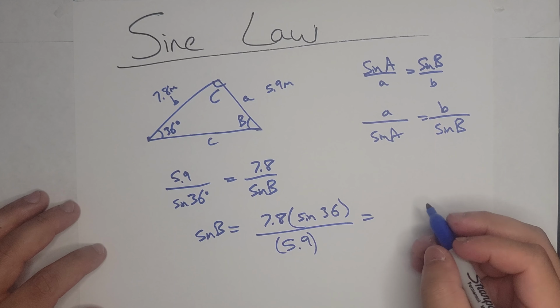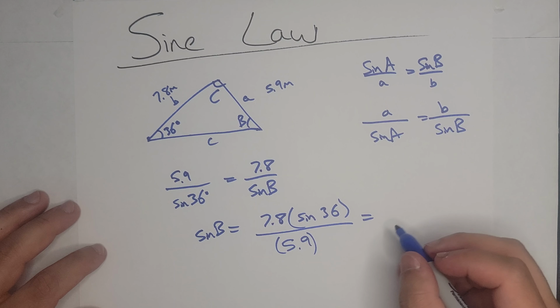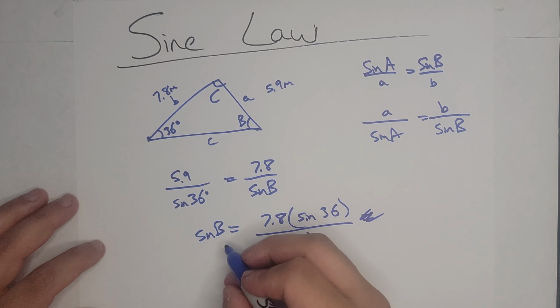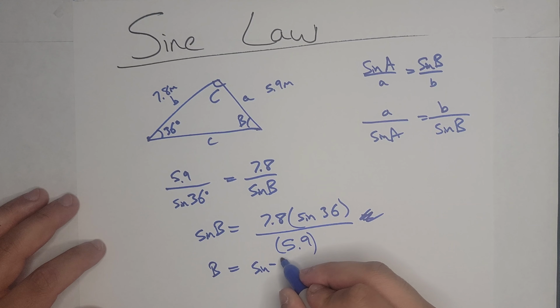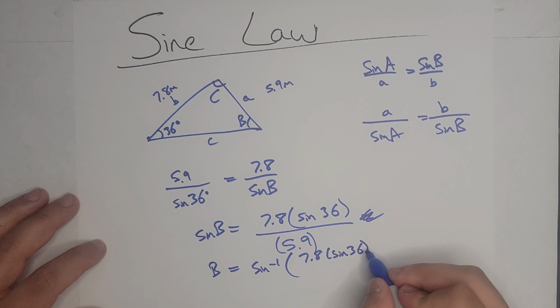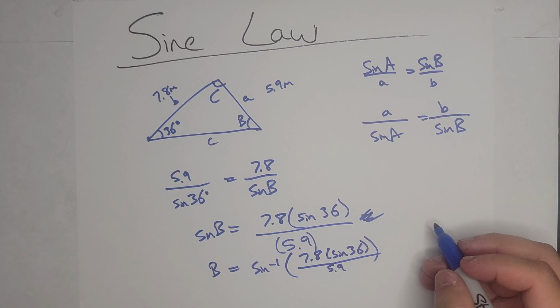And I'm left with this. So my B is equal to the inverse sine of 7.8 times sine 36 over 5.9.